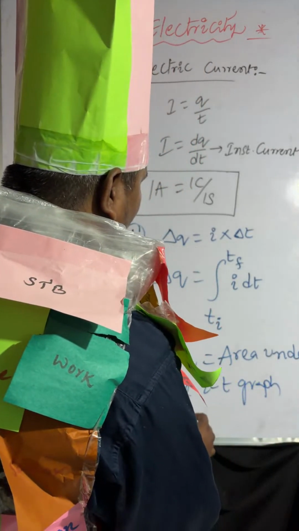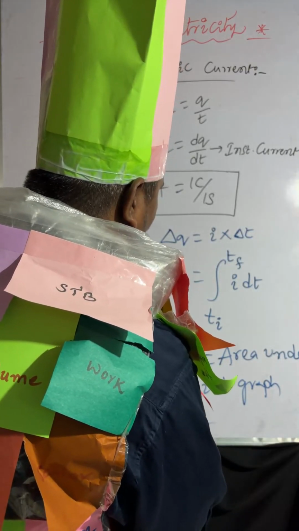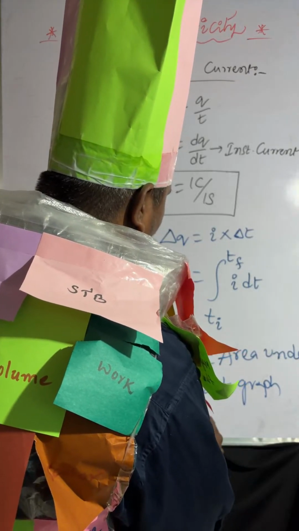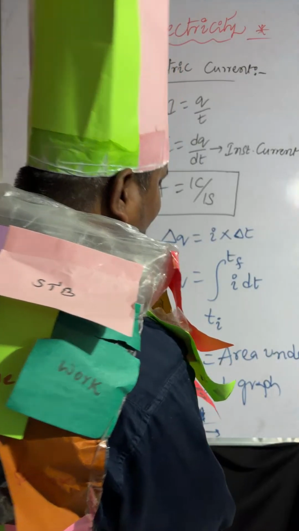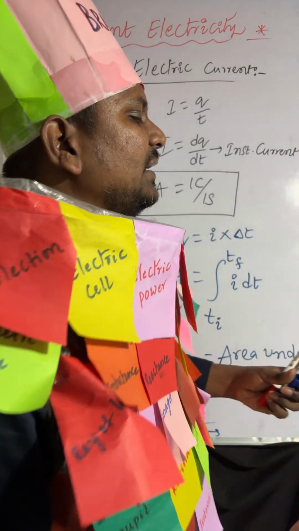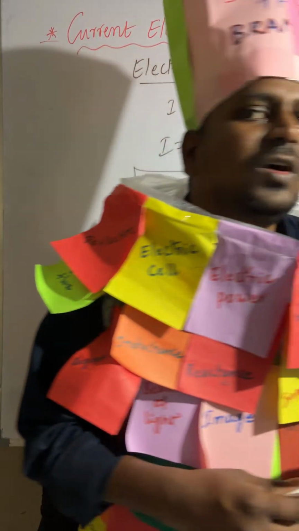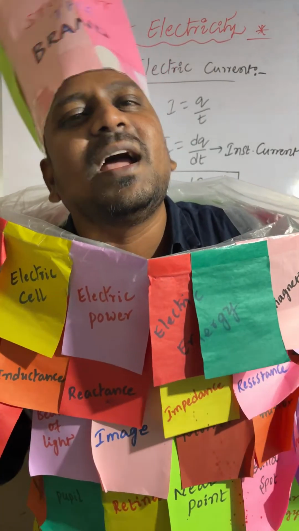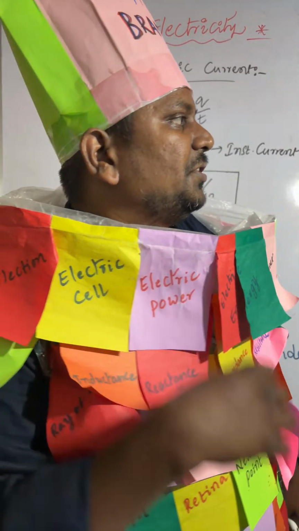Here you can see current and time on the axes of the graph. So the flow of charge can be obtained by the area under the I-T graph, that is charge.